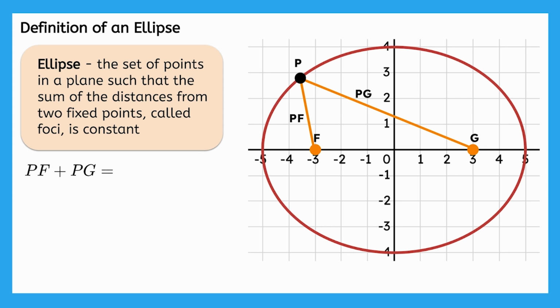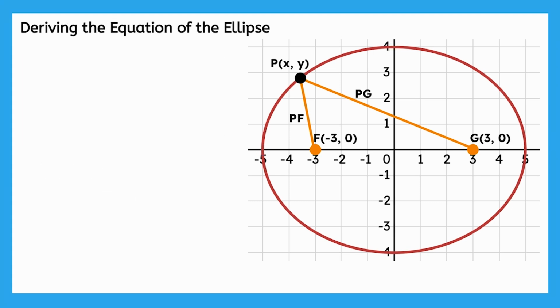Isn't PF plus PG just the length of the string? As we drew the ellipse pulling the string taut, did its length change? No. If the length of the string was 10 for the points at the top and at the far left, it will also be 10 for any other point.